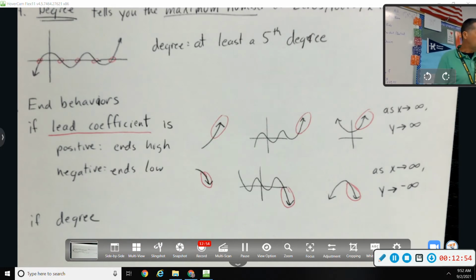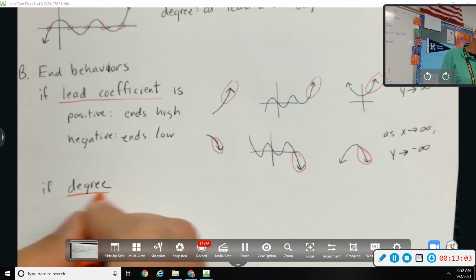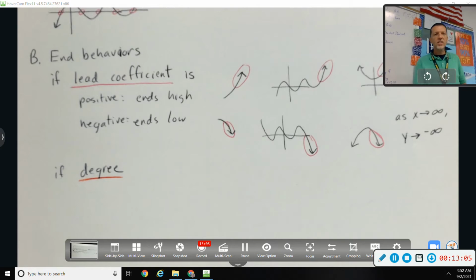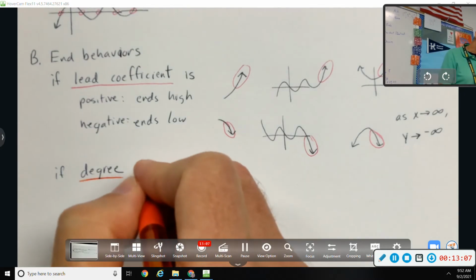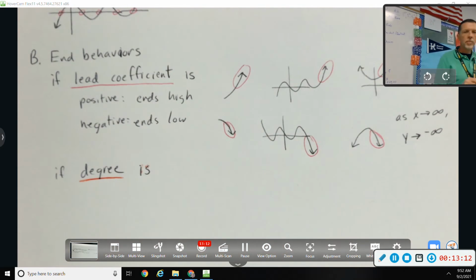All right, we'll make the degree be an orange issue, just for the heck of it. If the degree is... do you remember what you look at on degree? What'd you say?